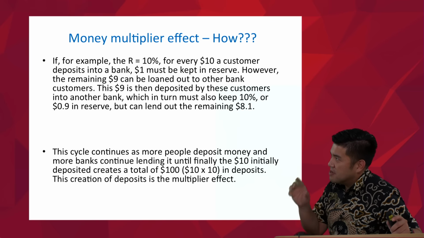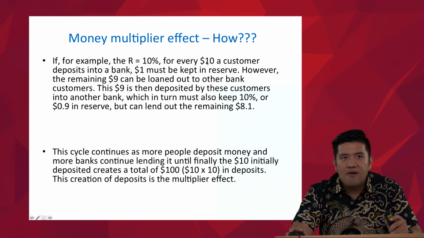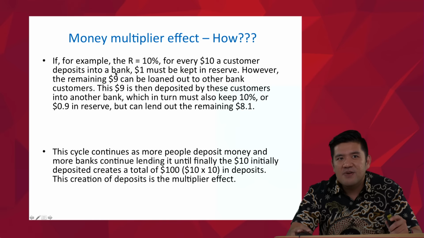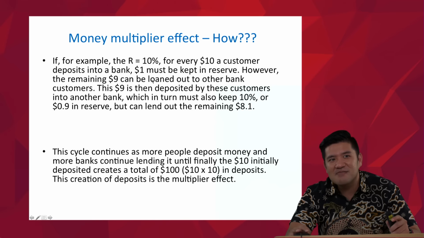If, for example, R is equal to 10%, for every $10 a customer deposits into a bank, what is the bank going to do with the $10 deposit? The bank will put aside $1 as reserve, right? But the remaining 90%, what is 90% of $10? $9 can be loaned out to other bank customers.